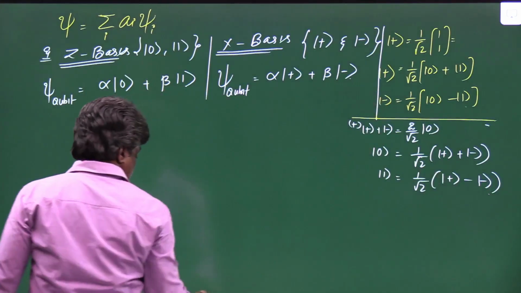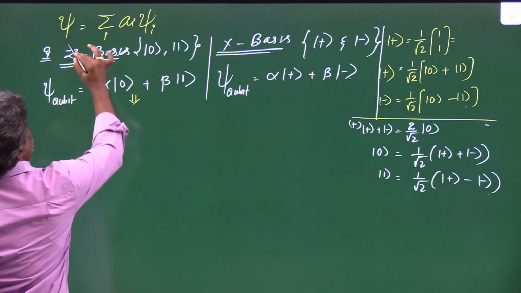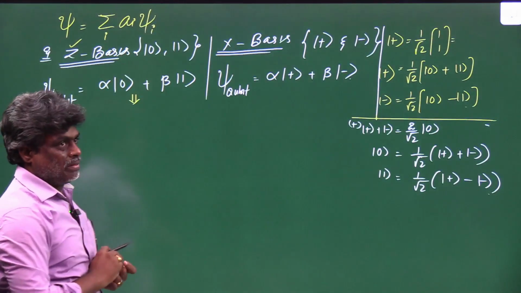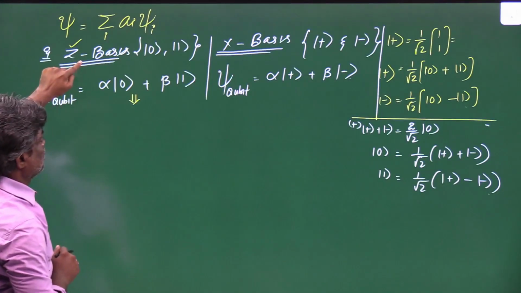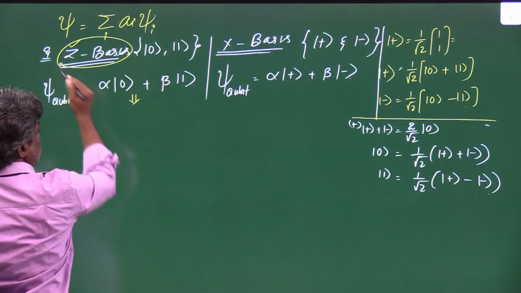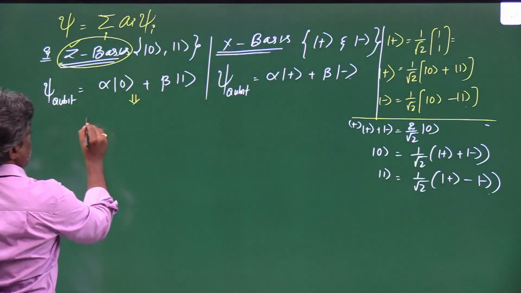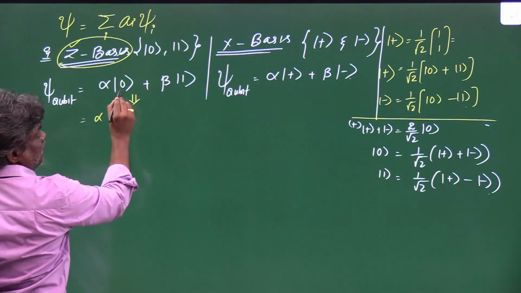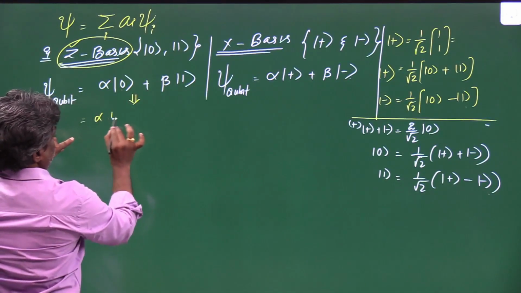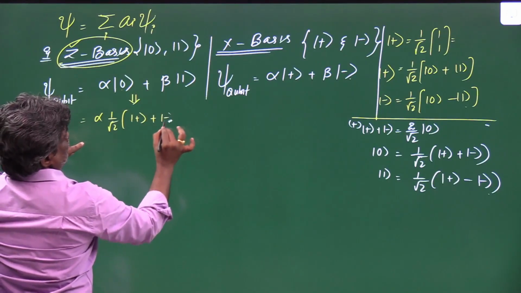Right. Now please come back to this. Now you are in which basis? The Z basis. Now I would like to represent the system in the X basis. That's why alpha ket 0 is nothing but alpha times 1 by root 2 (ket plus plus ket minus).